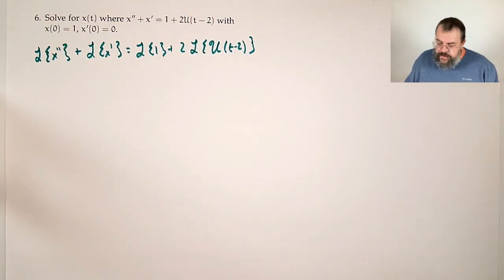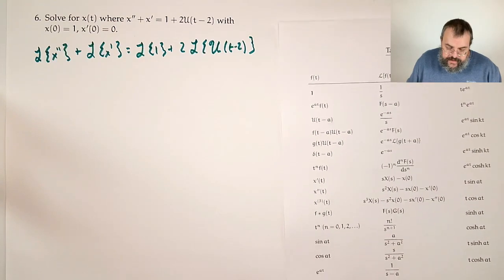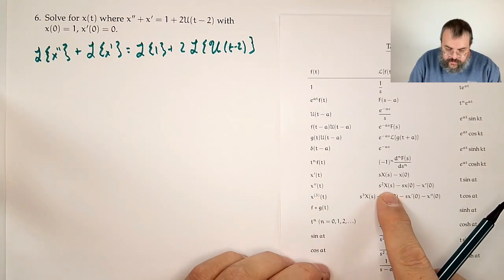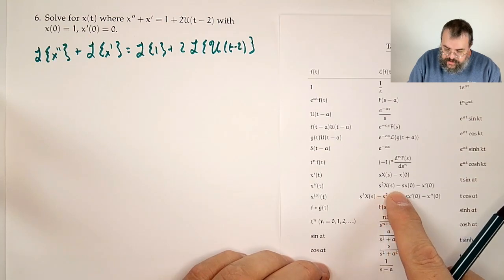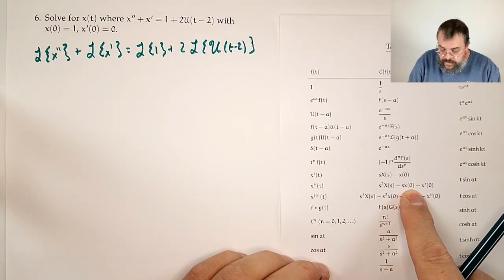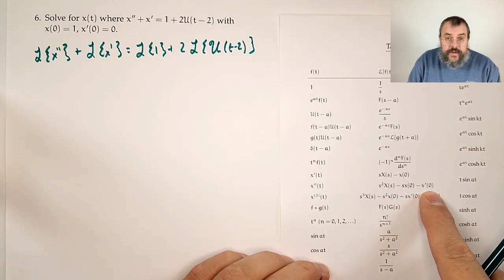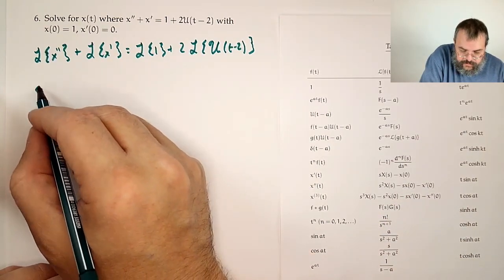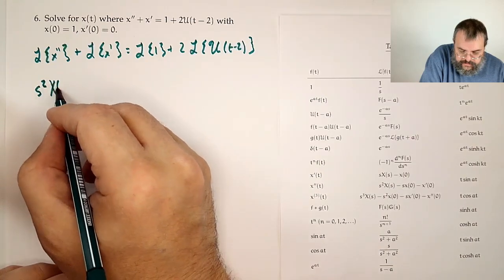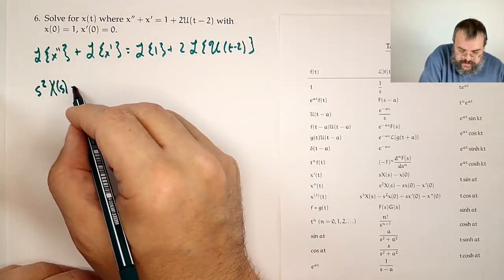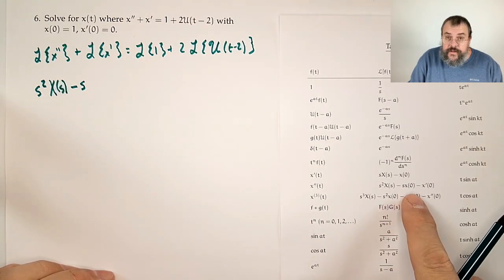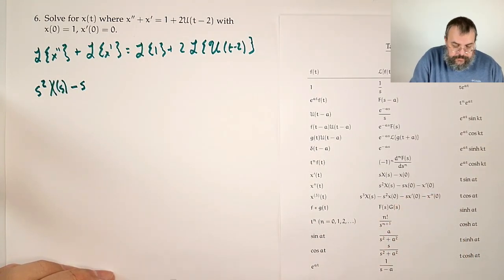And now we start grabbing our handy-dandy guide. X double prime, we can handle that. That's s squared x of s. X of 0 is 1, and x prime of 0 is 0. So we would have s squared x of s minus s, because we have x of 0 times 1, and the other term goes away.